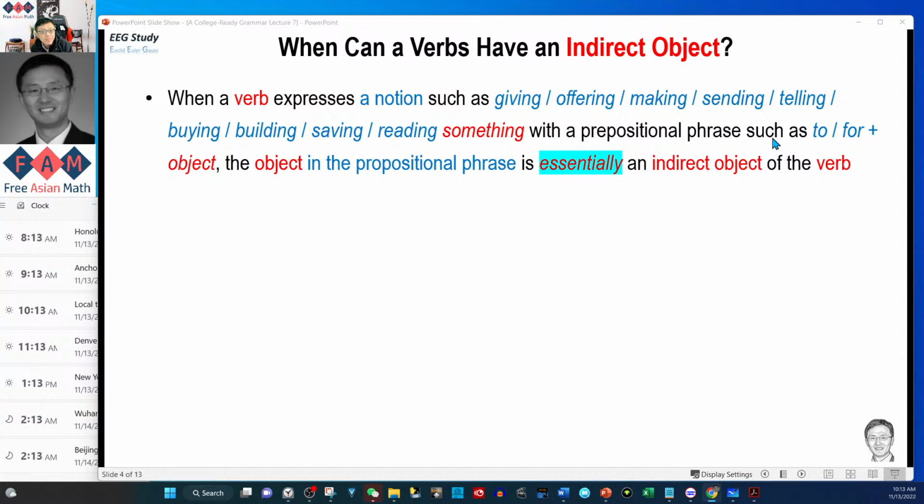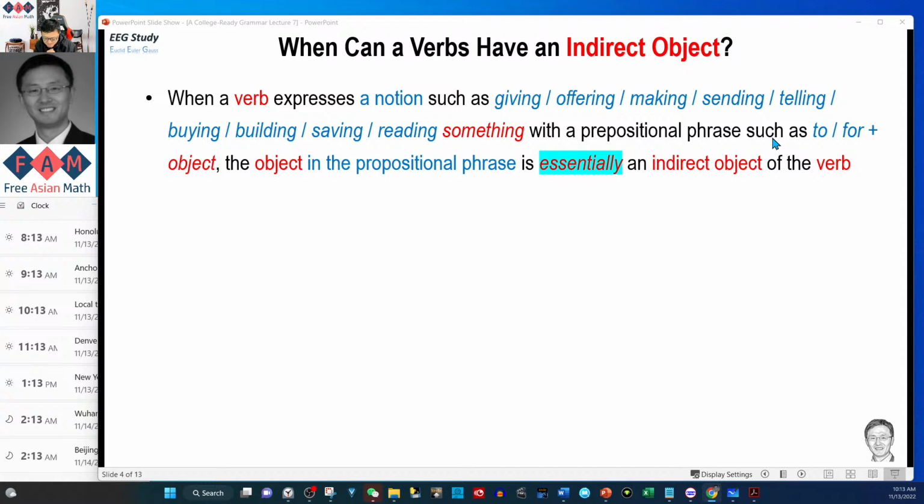To someone or for someone, or to something or for something. So this is a very reliable rule. There's almost no exception to this. Either to or for. That's a very helpful hint for how to use this correctly.